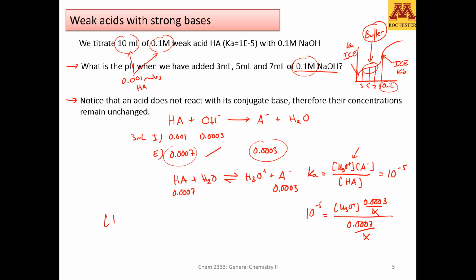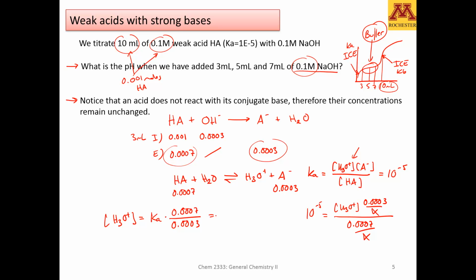What do I have? H3O plus, if I move it, is the Ka times the concentration of the acid, 0.007, divided by 0.0003.